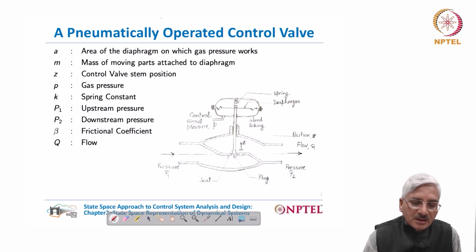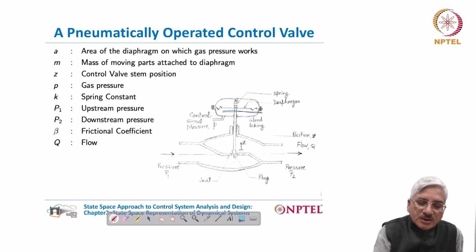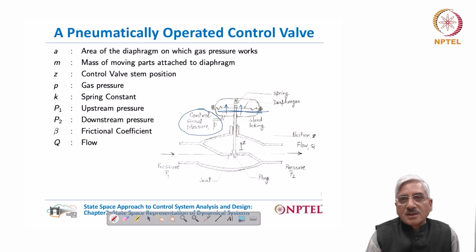So what is shown here is the schematic of a control valve. It has a diaphragm which is shown here, and on the diaphragm a control pressure P, small p, is applied. The area of diaphragm into this pressure results into the force on the diaphragm, let us say in this case upward side.